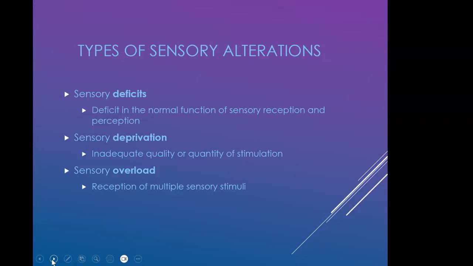So in your nursing experience, you care for patients with a variety of problems such as sensory deficit, sensory deprivation, and sensory overload. When patients have more than one sensory alteration, for example they could be blind and hard of hearing, their ability to function and relate with the environment becomes very, very impaired.